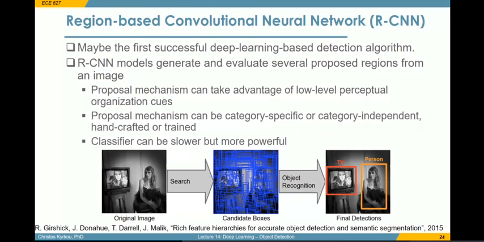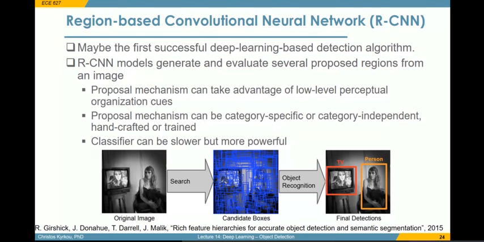So RCNN was perhaps the first successful object detection system, back in 2015. It relies on a region proposal mechanism to find the meaningful regions in the image that may contain an object, and it uses a CNN to extract features from each of these regions.